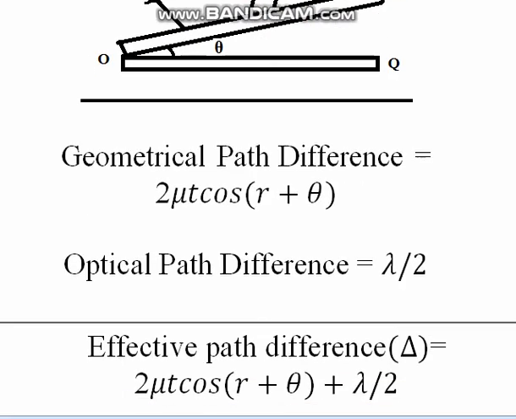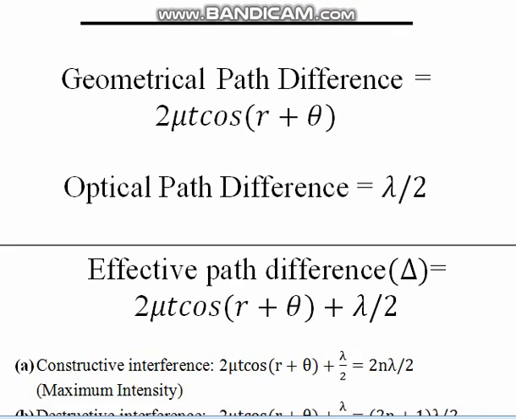One thing more, the optical path difference is lambda by 2. As you know, in the case of reflection there is an additional phase difference of pi, equivalent to lambda by 2. Hence the effective path difference is now 2 mu t cos(r plus theta) plus lambda by 2.